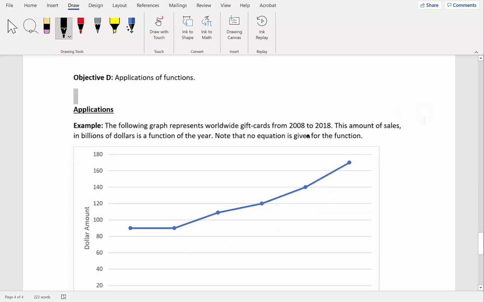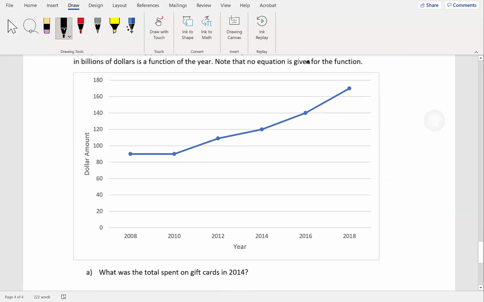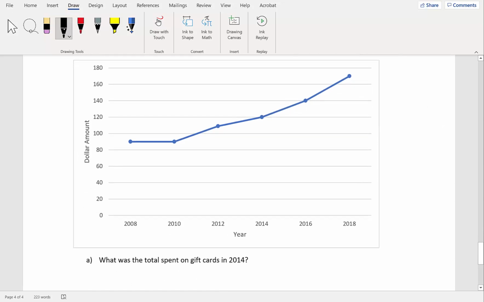All right, so we're given this chart, and our first question here is, what was the total spent on gifts in 2014? Well, let's just go to the year 2014, which is right over here. So we want to know what was the amount spent in 2014.